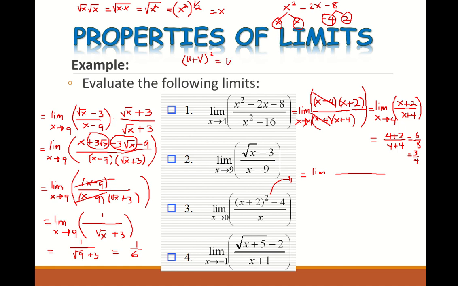You have u squared, the square of the first term. Then plus, the second term is twice the product of u and v, the first and second term, so 2uv. Then plus the square of the second term. Our second term is v, so you square that: v squared.